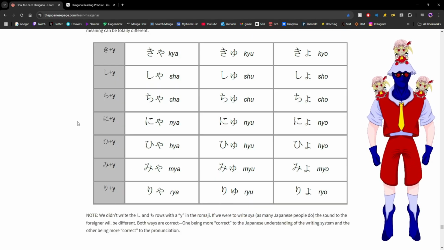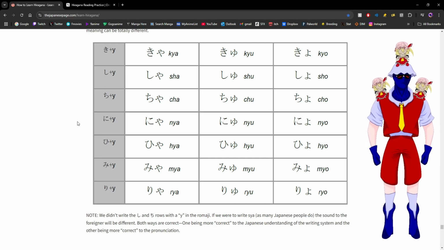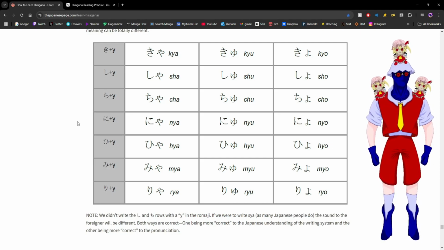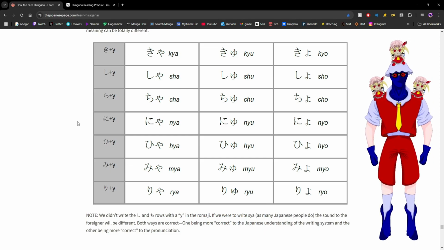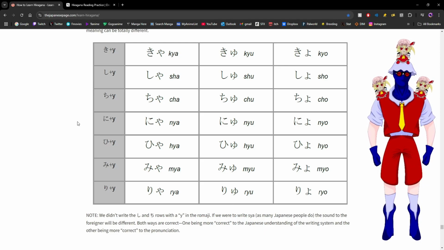And of course, the notepad thing where I had all the words on it, we're not using that anymore, because since we're using all of Hiragana, we have a special site for that, and I'm gonna put it in the description too. So without further ado, let's get right to it.